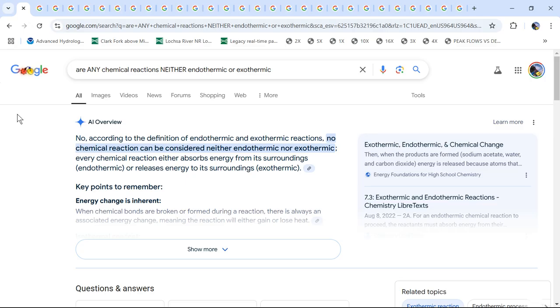Are any chemical reactions neither endothermic or exothermic? What I'm getting at here is I want to know, and it says no. In every chemical reaction will pick up energy or release energy. So that's kind of fascinating. I want to talk about chemistry in terms of Newtonian mechanics, because you could have an elastic collision between two particles of mass.